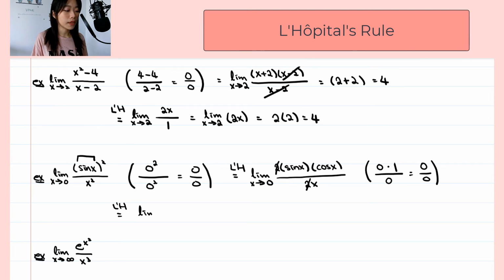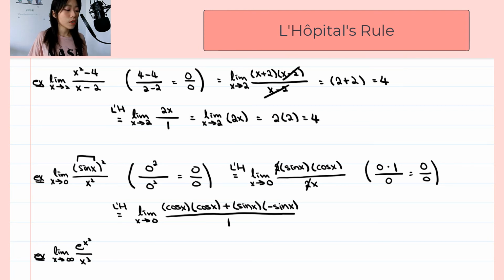This equals the limit as x approaches 0. Now we need to take the derivative of sine of x times cosine of x. So here we'll use the product rule. Cosine of x, which is the derivative of sine of x, times the second function cosine of x, plus the first function sine of x times the derivative of cosine of x, which is negative sine of x, over the derivative of x, which is 1.